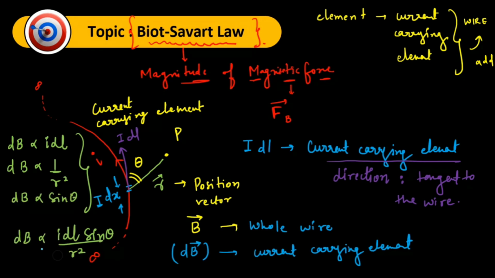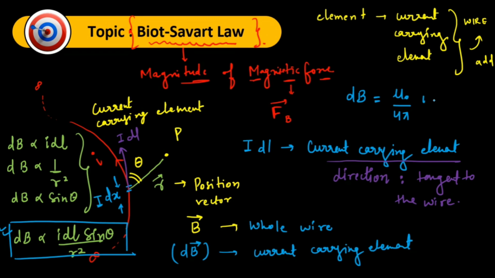Again, this is important that you need to remember. We are going to use this formula a lot. So dB is directly proportional to IDL sine theta by R square. Now, when we remove this proportionality, we find that dB is equal to mu naught by 4 pi times IDL sine theta by R square.